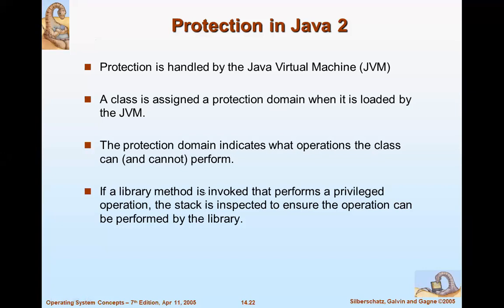If a library method is invoked that performs a privileged operation, the stack is inspected to ensure the operation can be performed by the library. So look at this, as we discussed in the last example, the parent class object can access the children class functions.